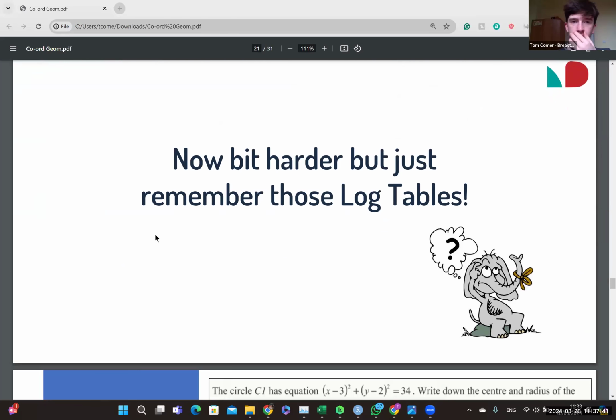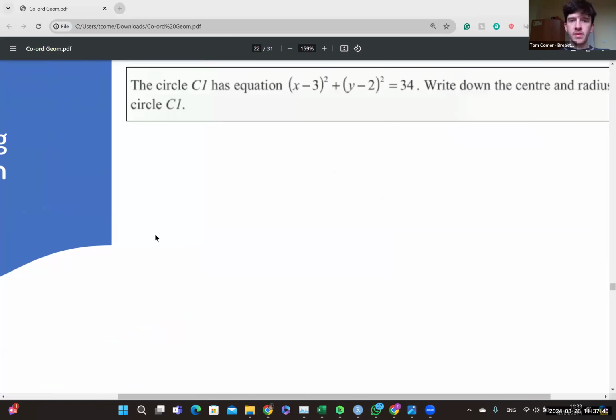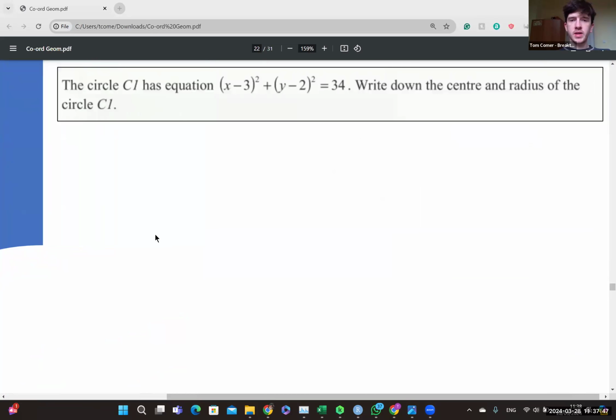Now, a wee bit harder, but remember, we've got all these equations with us. I want you to give this one a go. The circle has the equation x minus 3 squared plus y minus 2 squared equals 34. Write down the center and the radius of the circle. Remember, your calculator can do a lot of heavy lifting, guys, okay?